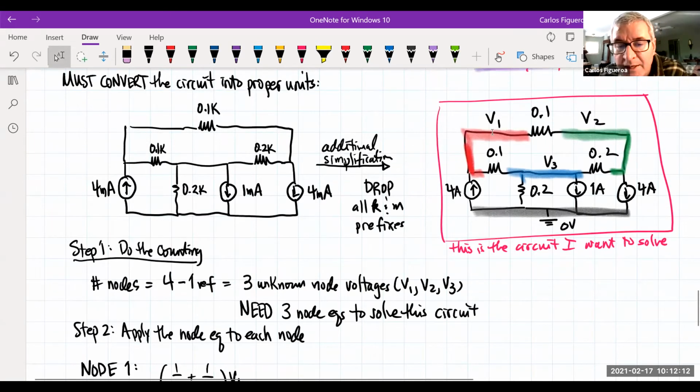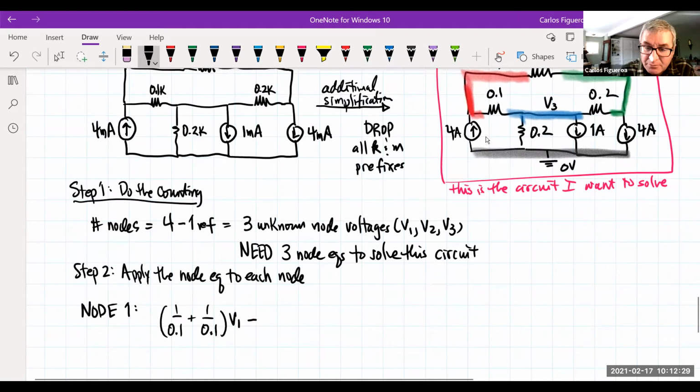Question, how many mutual resistors are connected to node 1? Well, look at the one between the red and the green. So what you're seeing here is that V2 is connected to that. So look what I'm going to do. Now it's minus the mutual one. So in this case, it's going to be 0.1 times V2.